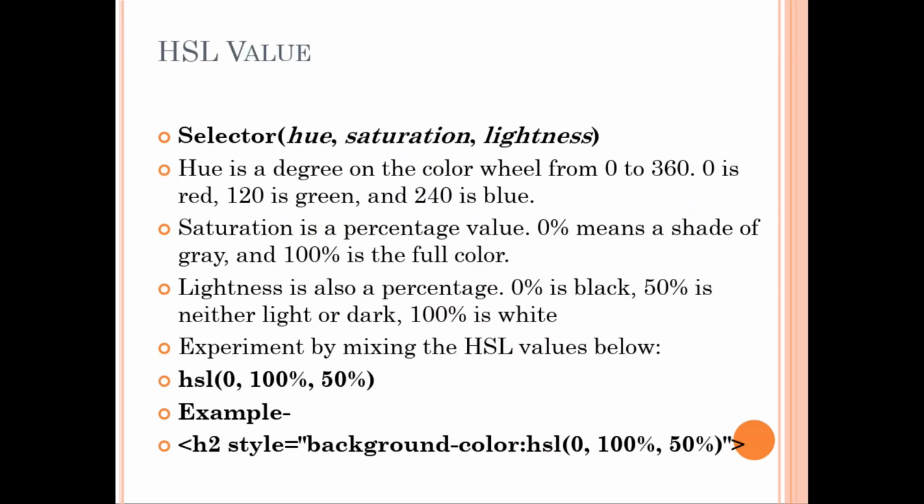Okay. The next one is HSL values, meaning hue, saturation and lightness. Hue is a degree on the color wheel from 0 to 360. You have all seen the color wheel when you choose your color in MS Paint or in other applications.